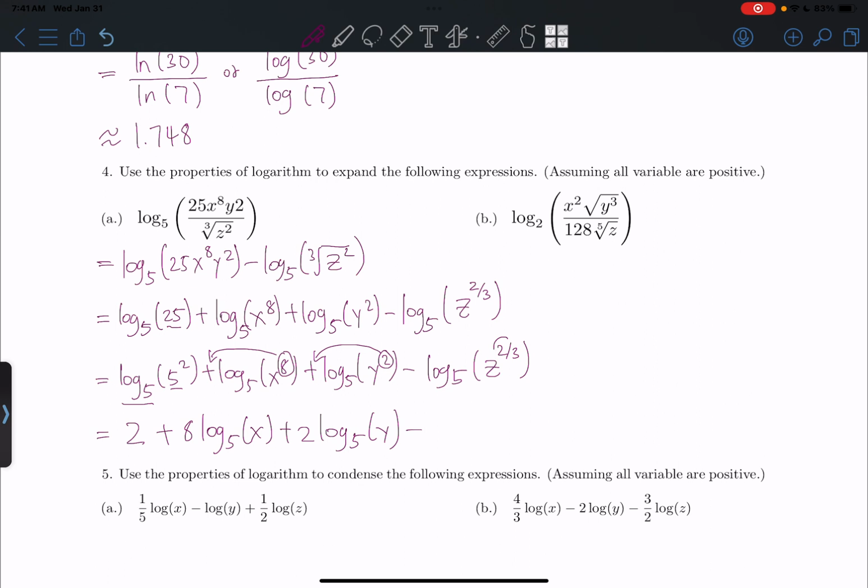And same thing here. Okay, and that's the final answer. Everything expanded out. There's no exponents and no cancellation allowed.